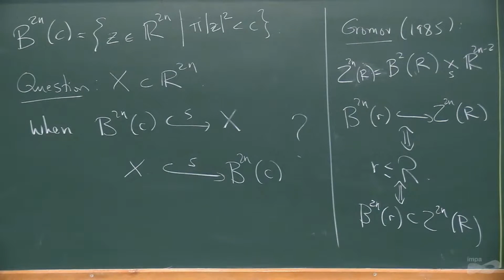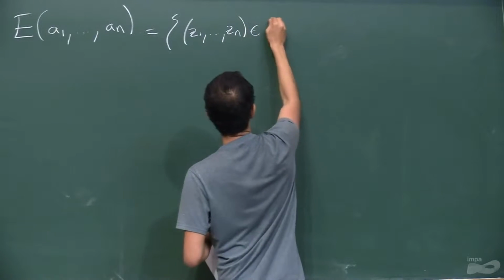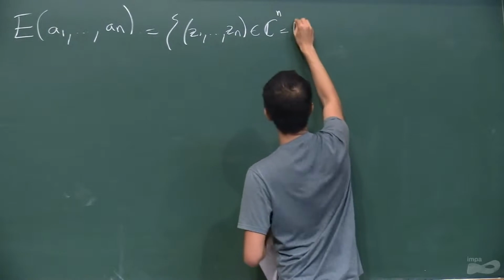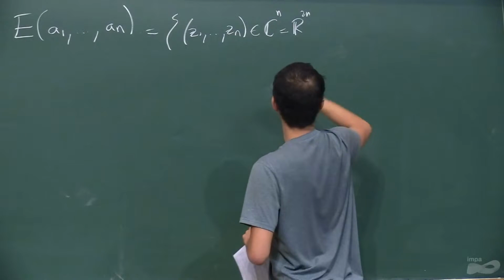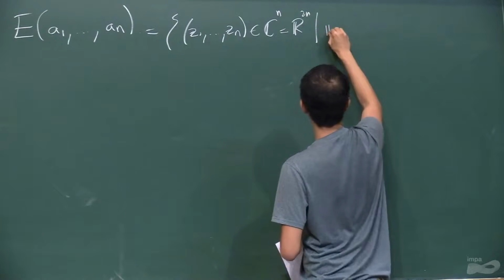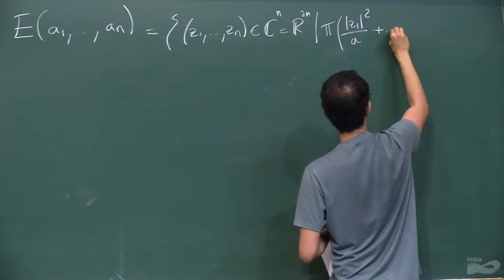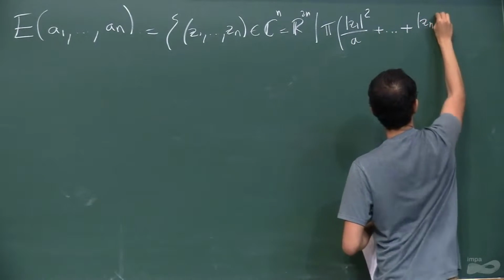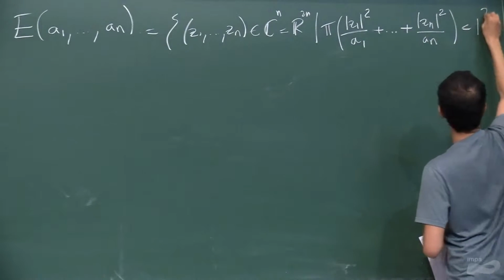So let's look at the ellipsoid. It's the set of (z_1, ..., z_n), where I think of R^{2n} as being C^n, such that pi times the norm of z_1 squared over a_1, plus etc., plus the norm of z_n squared over a_n, is less than 1.